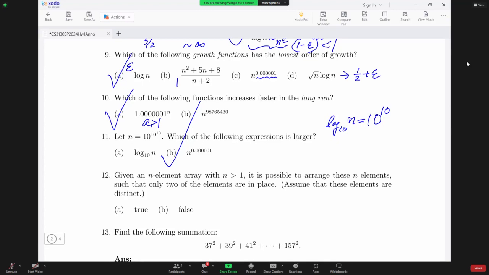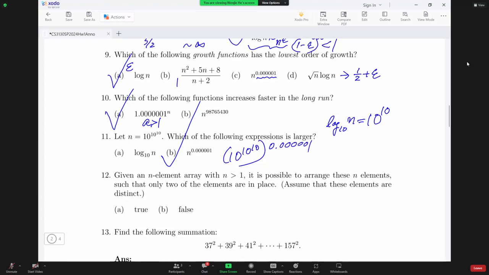That's A. Now B. Let us put 10 to the 10 to the 10 as m, then 0.00001.